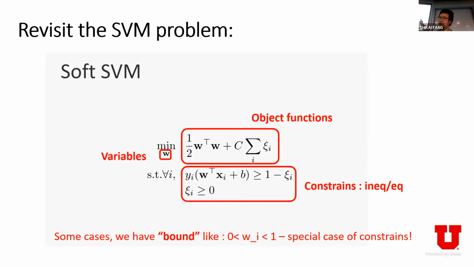We have the objective function, and we want to optimize variables like W here to minimize it. At the same time, we have to make the variables meet some constraints, represented by equations or inequalities. In some cases, you also have bounds on the variables, like W should be bigger than 0 and smaller than 1. That's a special case of the constraints.